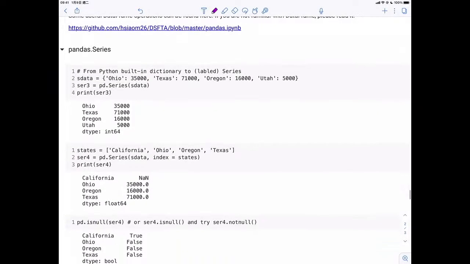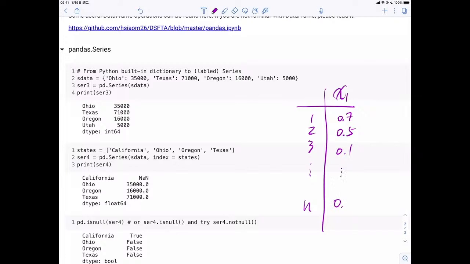If you have only one column, x1, for example, you have a lot of data right here. If your data has only one column, you can use a data structure to store such one-column data, which is called series.